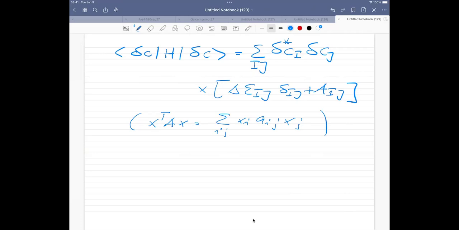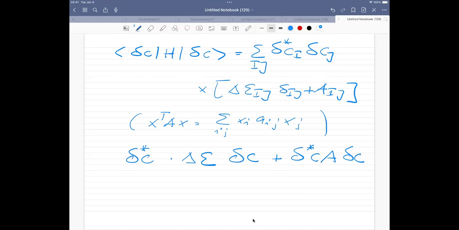So when you look at this expression which you have here, this is something which we now can rewrite in a more compact way as a vector delta C. So this is actually the transpose, if this is a real quantity, multiplied with a matrix which we can call delta E. So that would be a matrix which has only diagonal elements, times a delta C, plus this delta C multiplied with this matrix A times delta C. Now, this is going to be the way we are going to rewrite this whole quantity delta E.